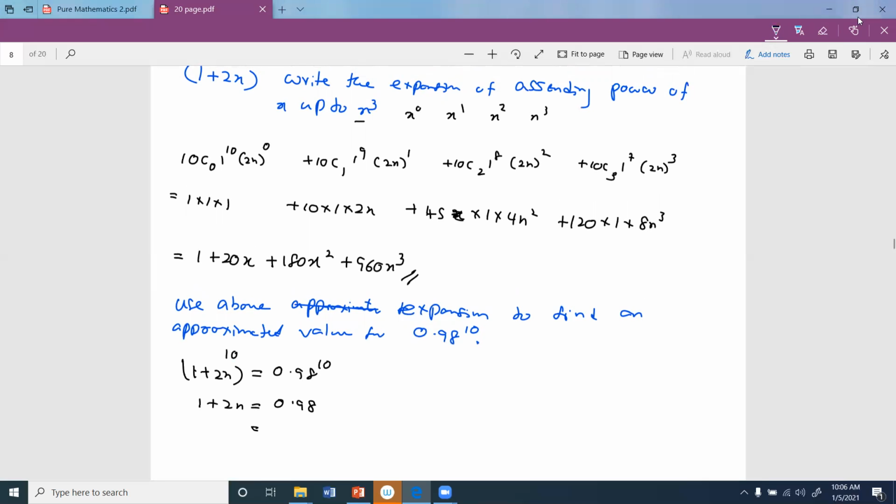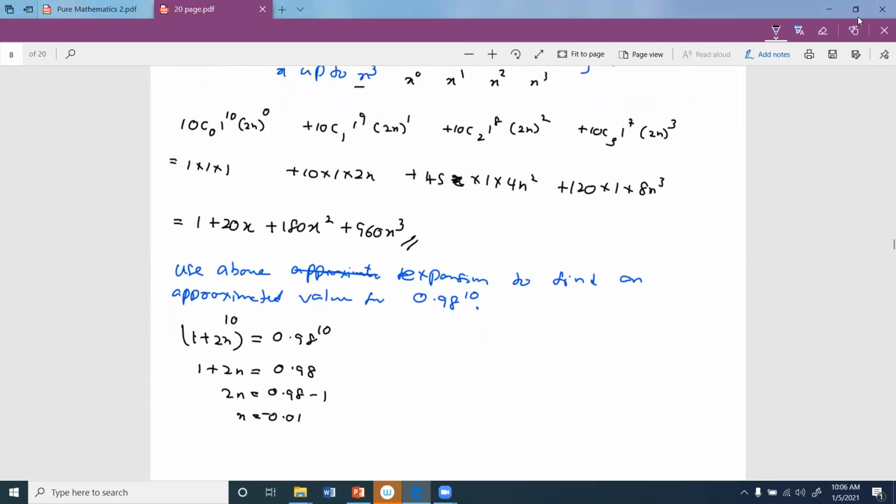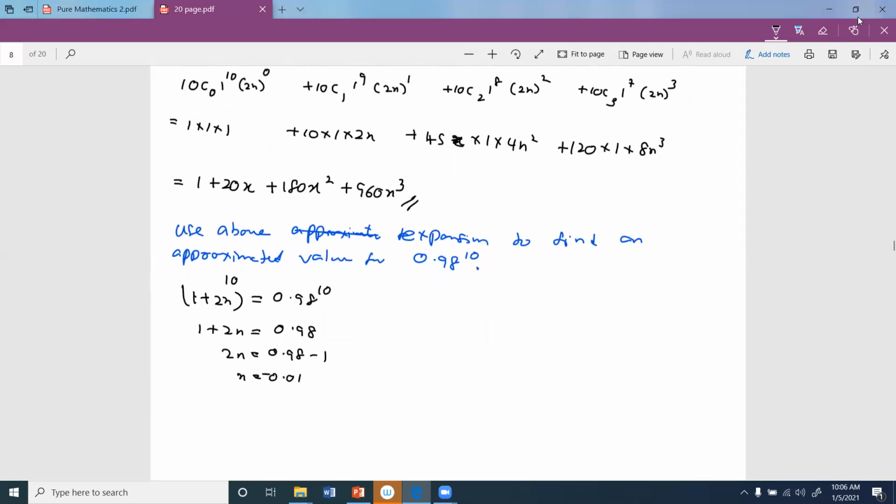Therefore 2x equals 0.98 minus 1, that is x equals minus 0.01. To get the approximated answer using this expansion, substitute minus 0.01 into this expression. That's a way of doing this question.